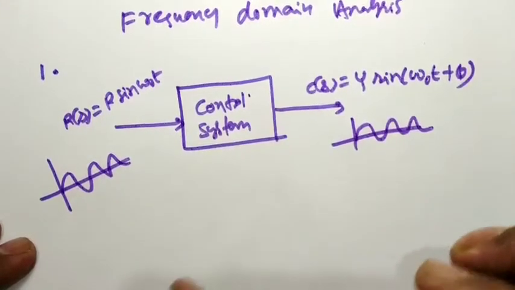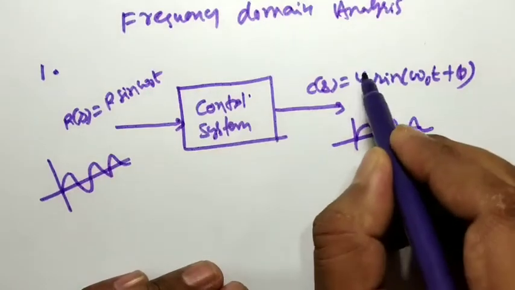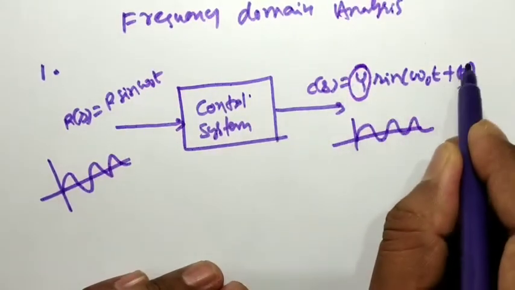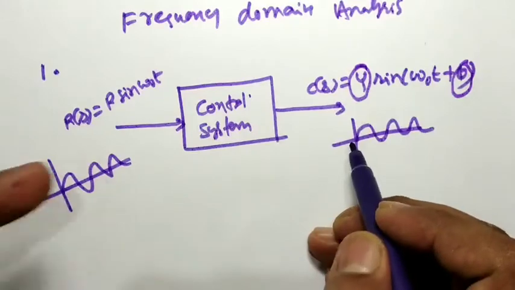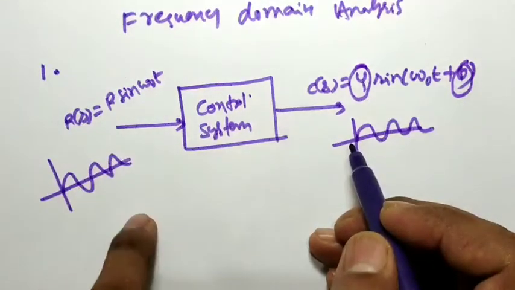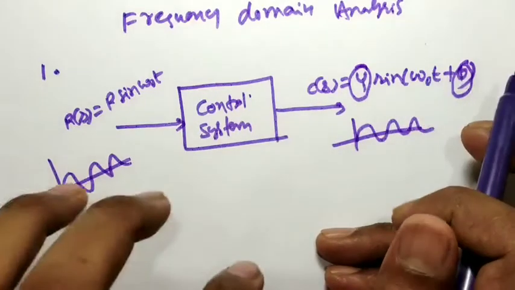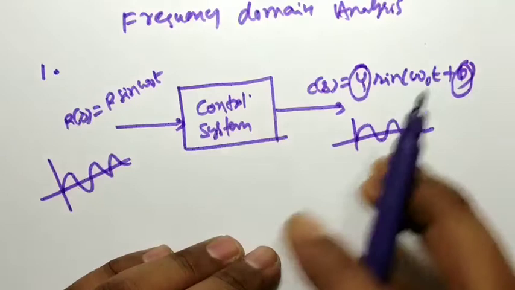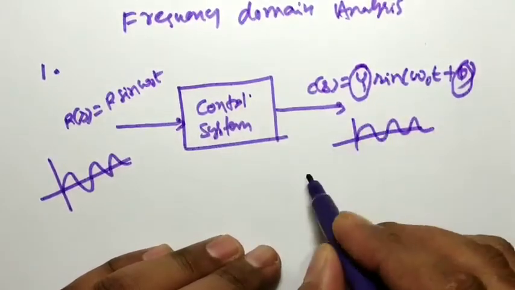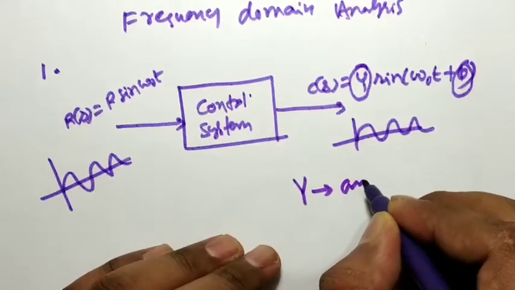So what is the difference here? Only the amplitude and phase angle will change on the output side.